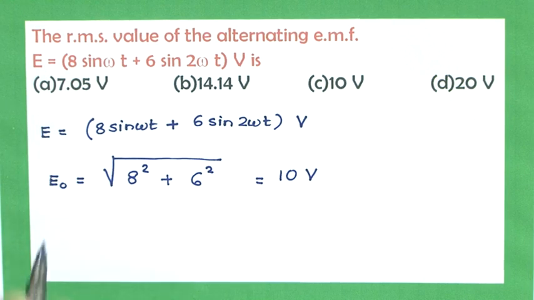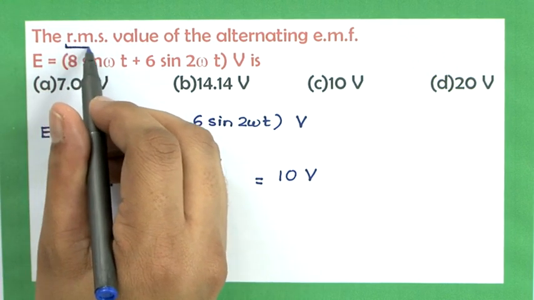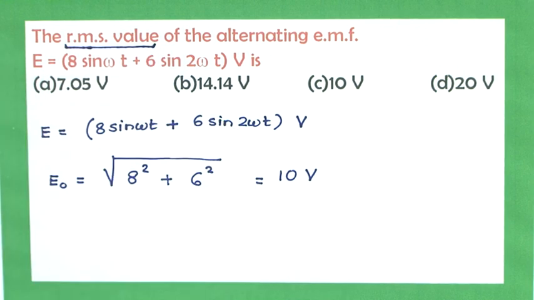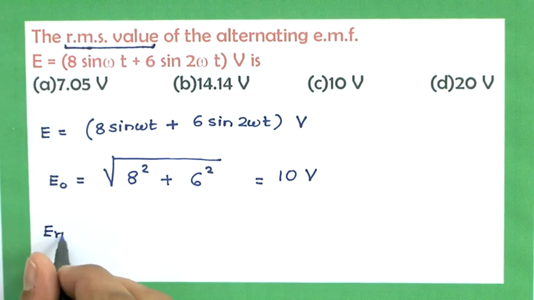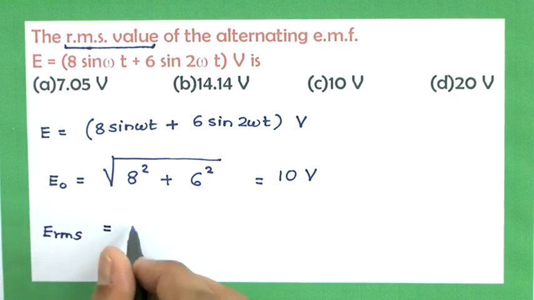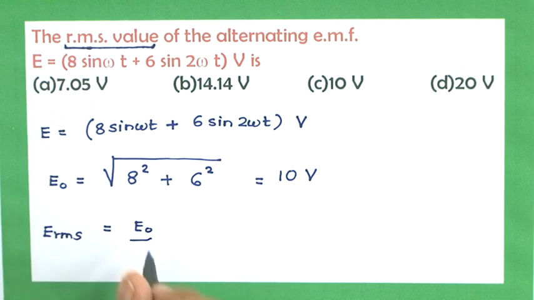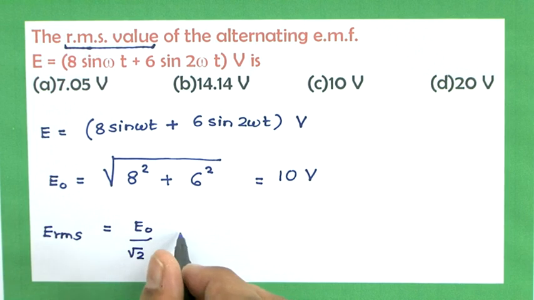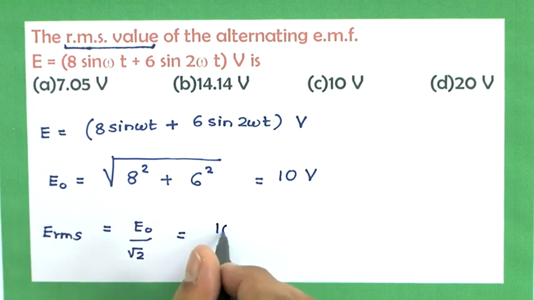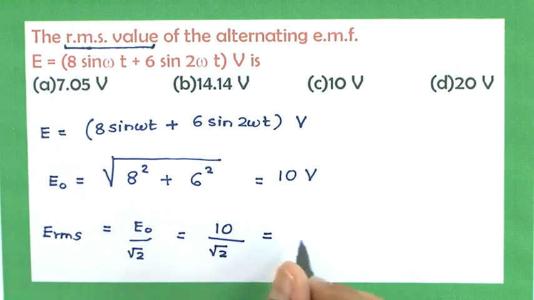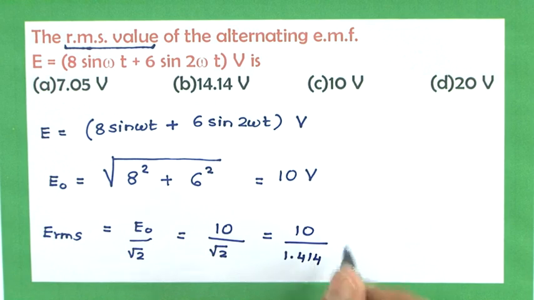But dear students, what we are asked is not to find the peak value, but rather the RMS value. So E_RMS, we know that E_RMS = E₀ by root 2, which is nothing but 10 divided by root 2, which is 10 divided by 1.414.